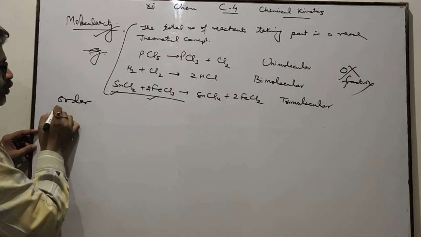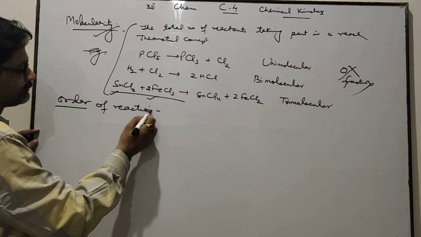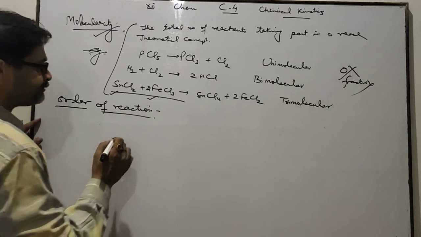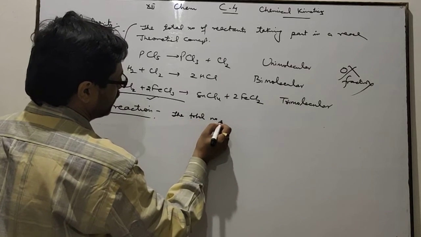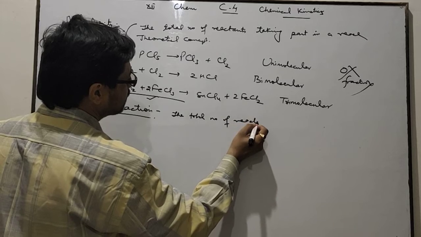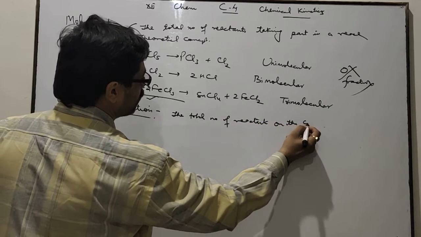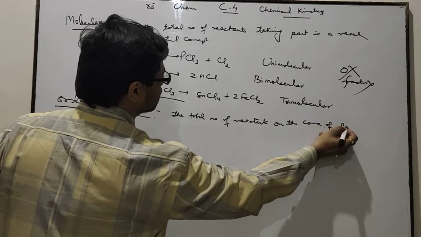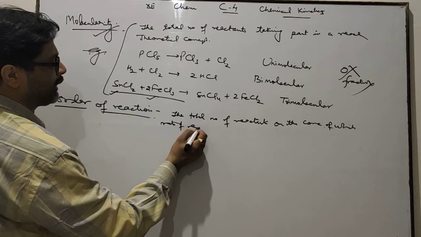Now I am going to discuss the order of reaction. What is order of reaction? It is the total number of reactants on whose concentration the rate of reaction depends.